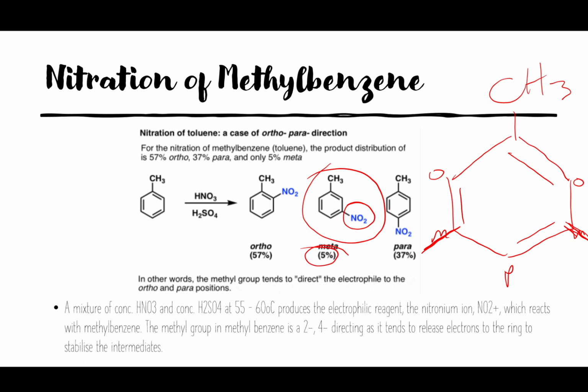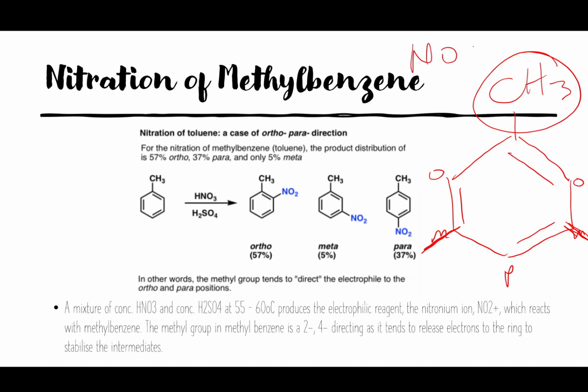Only 5%, right? The methyl group specifically allows for the ortho and the para positions to be the most stable intermediates, to be the most stable products, right? Therefore, that is why we call it an ortho para director or a 2,4 director. Because when the groups come in, they either go to the ortho position or the para position.